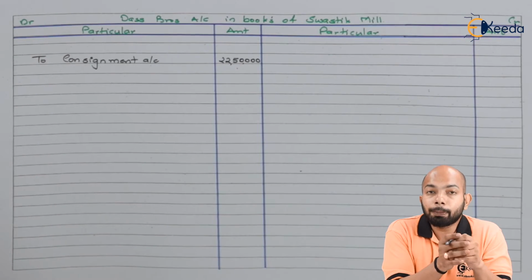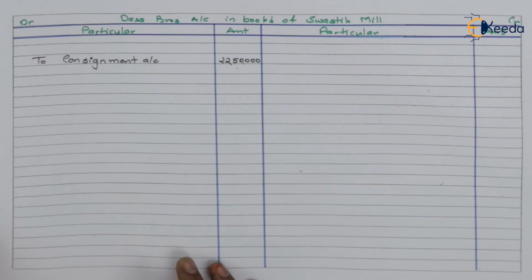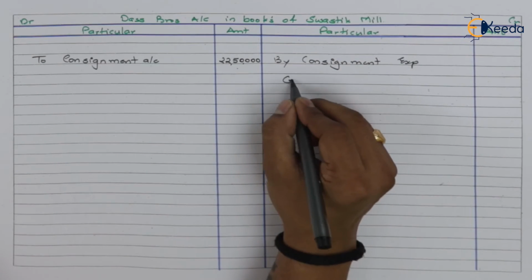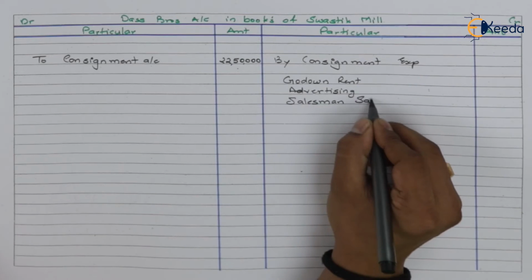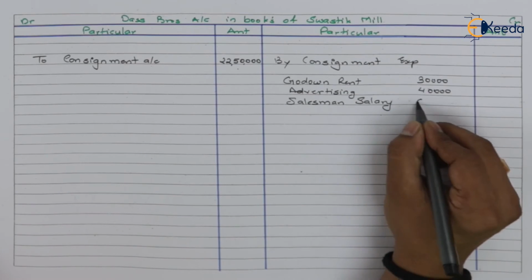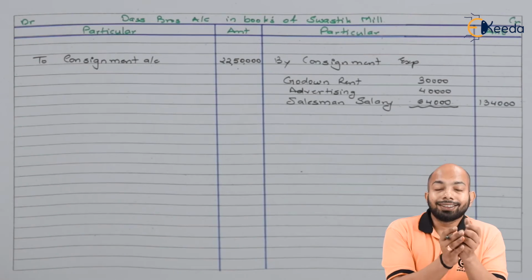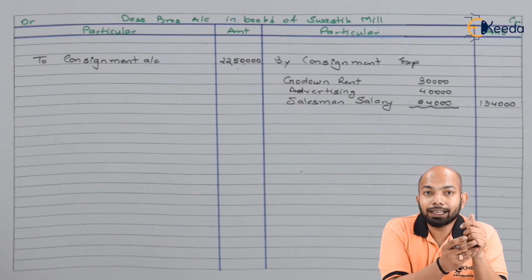So the first entry that we'll be passing is to the consignment account, which is 22,50,000. The next entry that we have passed on the credit side of this specific consignee account is the total of expenses that he has borne.